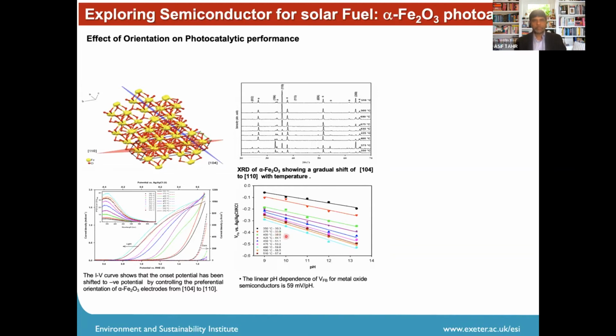Similarly, using the impedance measurements, we calculate the flat band potential with respect to the pH. The data shows that the films which are 104 oriented do not follow the Nernst equation, where the flat band potential should move 59 millivolts per pH.